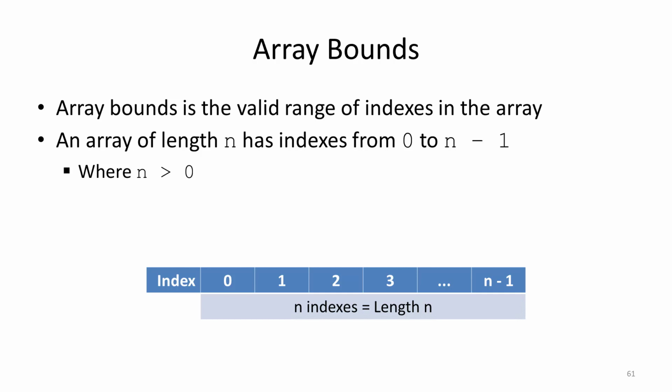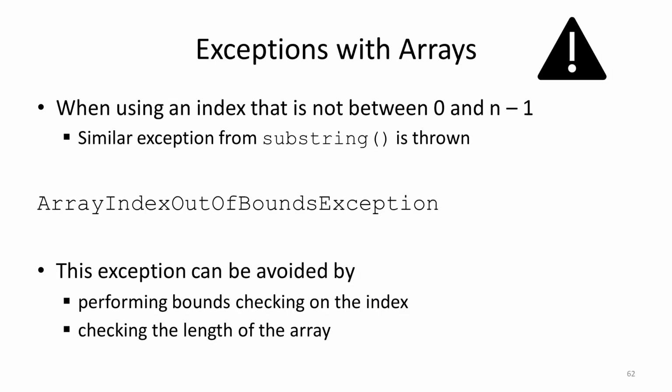Array bounds refers to the valid range of indexes in the array. An array of length n has indexes from 0 to n-1, where n is strictly greater than 0. When using an index that is not between 0 and n-1, a similar exception to the substring method is thrown.